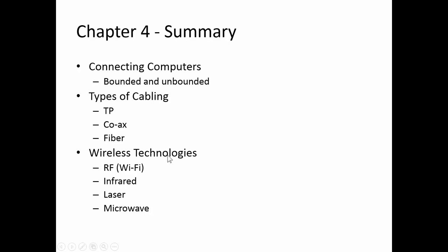And there are different wireless technologies. Radio frequency is used by police radio and is also used in our regular Wi-Fi networks. Infrared is not so much used anymore. Laser can be used for a wireless bridge, and microwave gives us high frequency, high bandwidth connectivity.